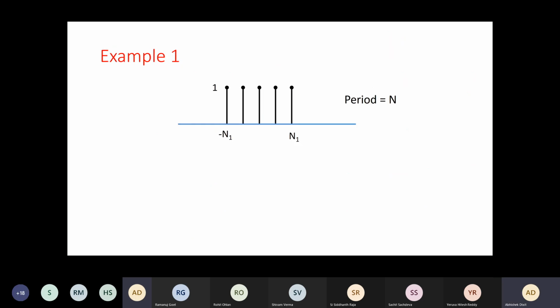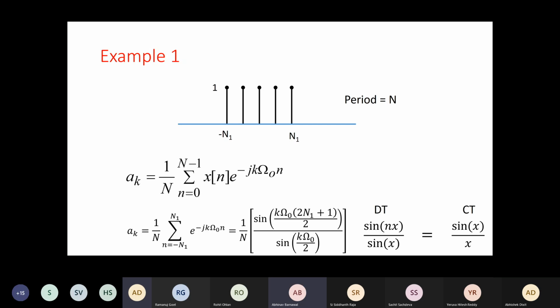Now let us do some maths. What is the DTFS, discrete time Fourier series, for this signal? Let us assume that this is periodic with capital N. We have already seen such a signal in the DTFT case: the sum over m of delta[n minus mN].